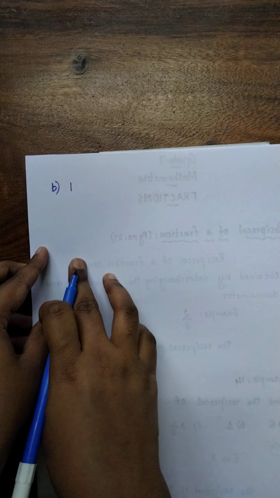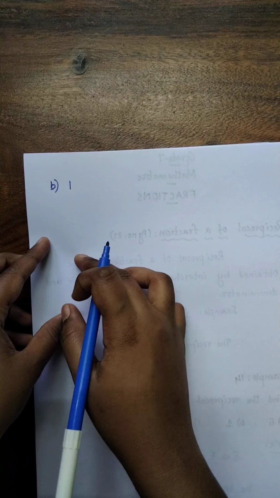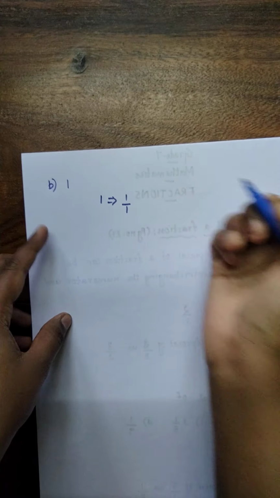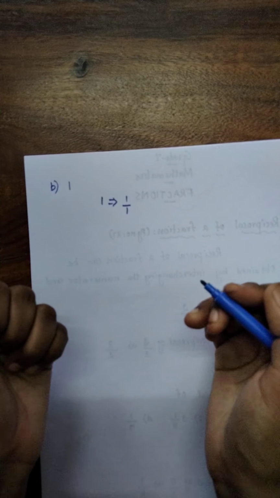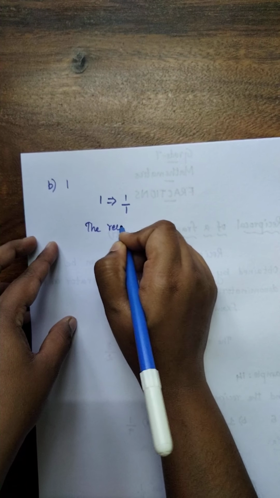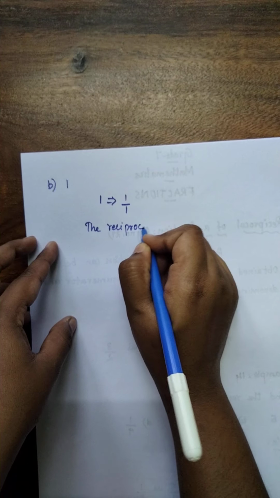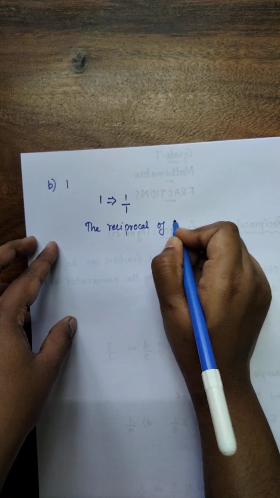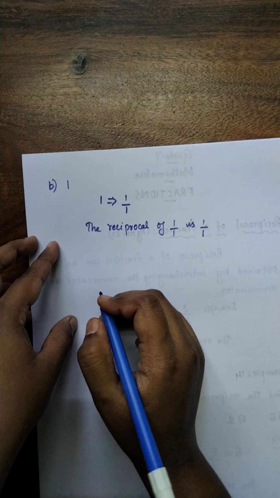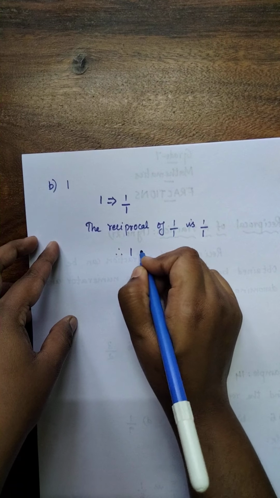Second question, 1. We can write 1 as 1 by 1, both are the same. So the reciprocal of 1 by 1 is 1 by 1, which is 1 itself.